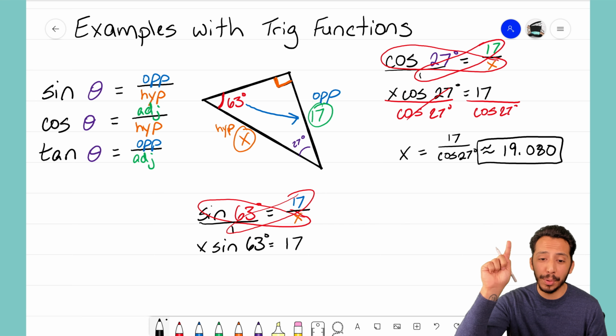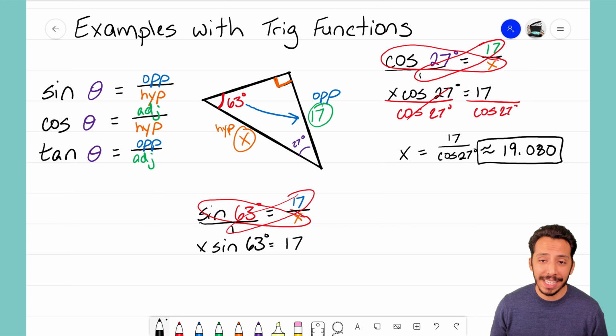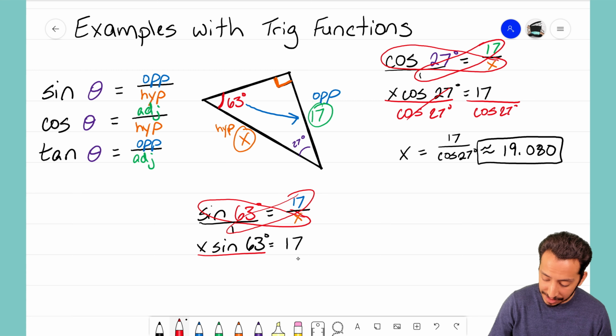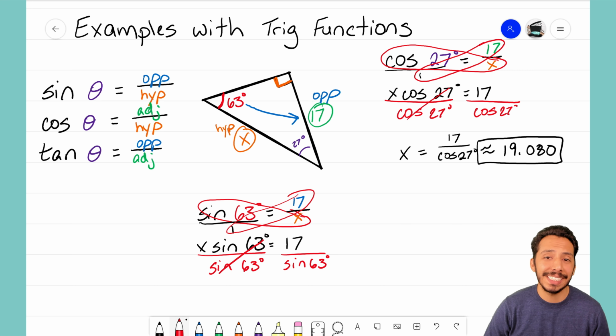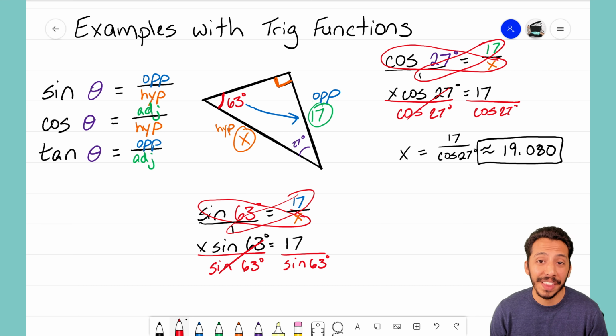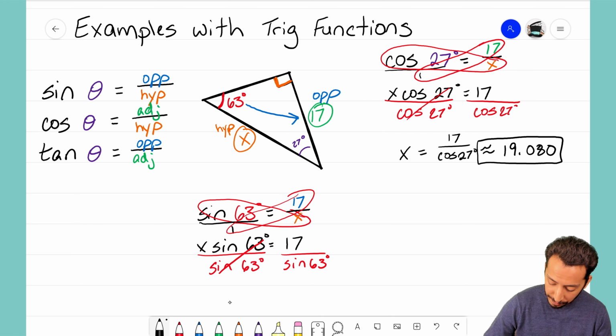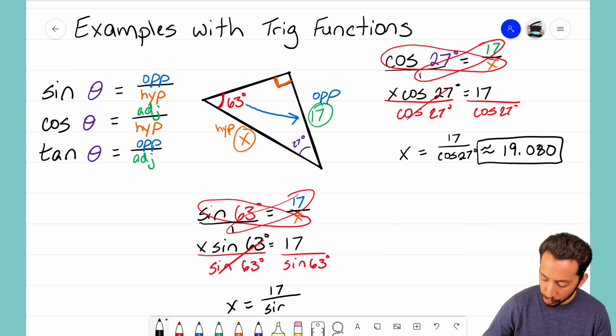Just like with this example up here, I need to do one last step, and that is I have to divide both sides by sine of 63 degrees because I want x by itself. I divide by sine of 63 degrees. The left side cancels. I'm left with just x equals 17 over sine of 63 degrees.